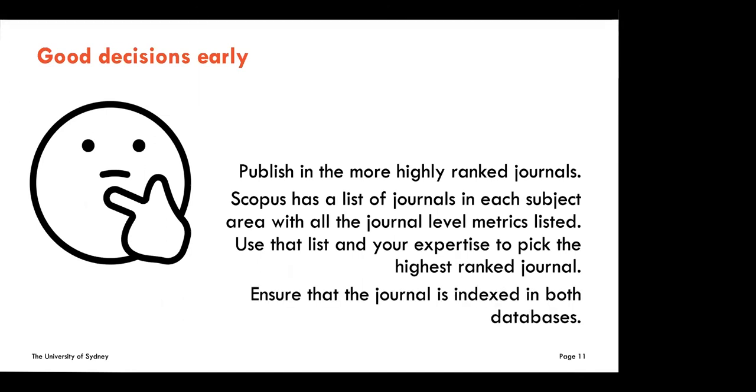And the other thing that you need to do is to make sure that the journal you're looking at publishing in is actually indexed within Scopus and Web of Science, and make sure that it's current in being indexed in both. I've done reports for people who have published in journals that aren't indexed in those databases.